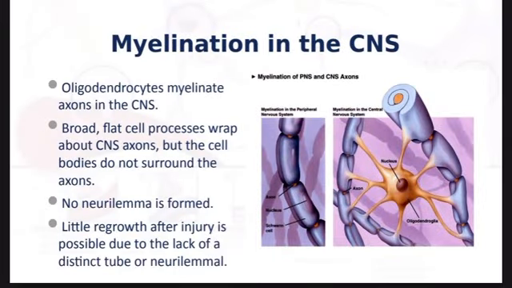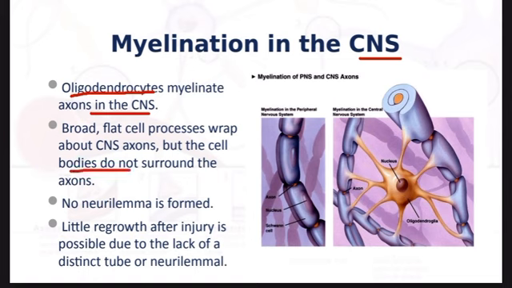Myelination however in the CNS, unlike the PNS peripheral we just discussed, is different. The oligodendrocyte cells myelinate the axons in the CNS. They are flat cells with processes grabbing the CNS axon, but the cell's body does not surround the axon.